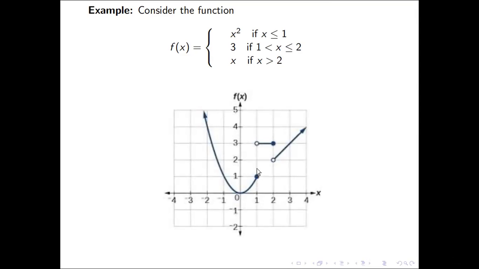The whole parabola is not drawn. We cut this part. Why? Since this applies only for x less than or equal to 1, we only include this part of the parabola, including that endpoint there, so we use a solid dot or circle there.